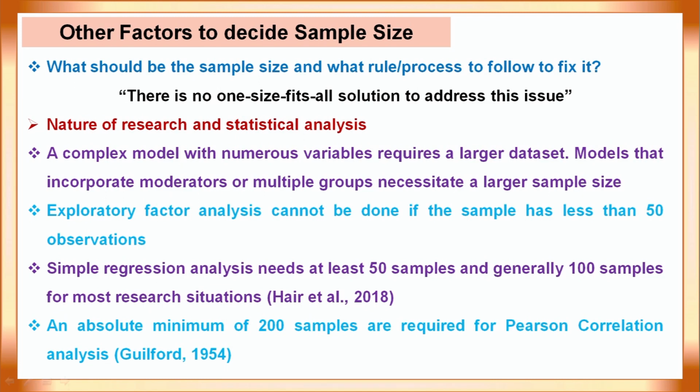Okay. Like if you are using exploratory factor analysis, then it cannot be used with less than 50 observations. If you are using simple regression analysis, researchers suggest that 100 samples is sufficient. If you are using correlation analysis, you must have at least 200 samples, minimum is 200.